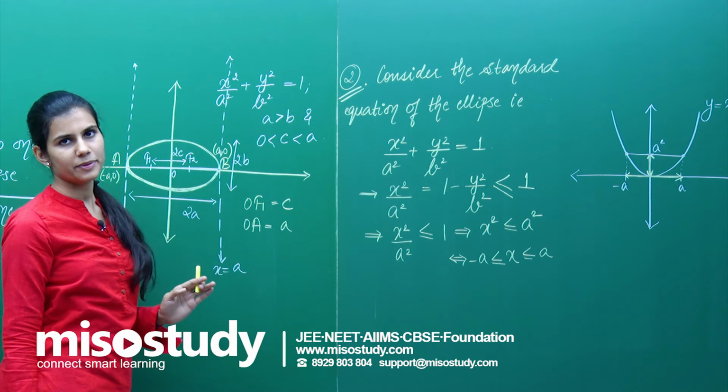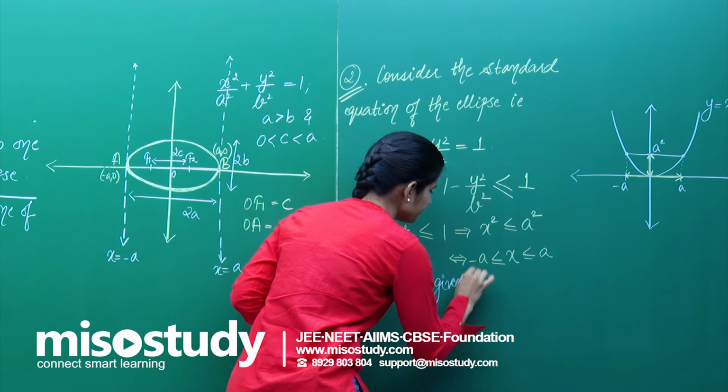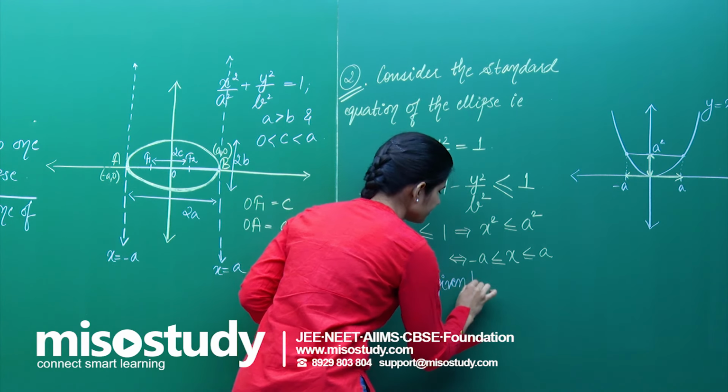So this implies the ellipse given by x square by a square plus y square by b square equals 1 lies between the lines x equals a and x equals minus a.